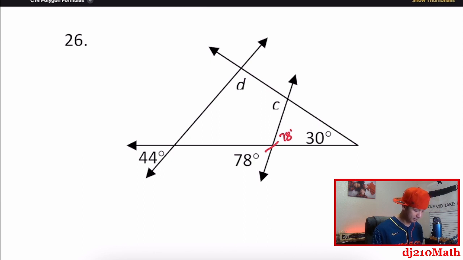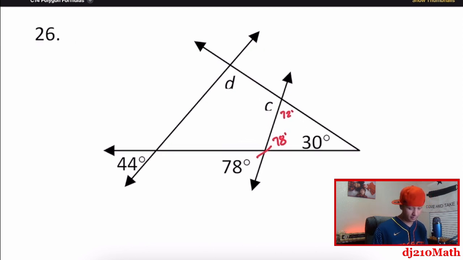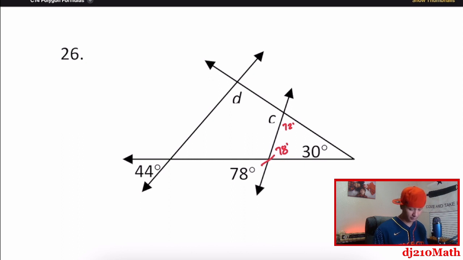So 180 minus 78 minus 30 will give us 72. And because it's 72, and a straight angle is 180 degrees, C has to be 108. C is equal to 108. Again, vertical angles are congruent.